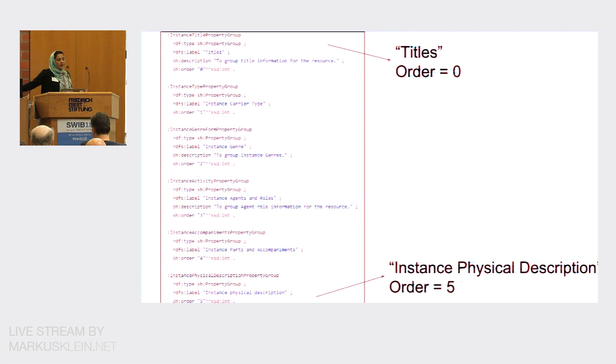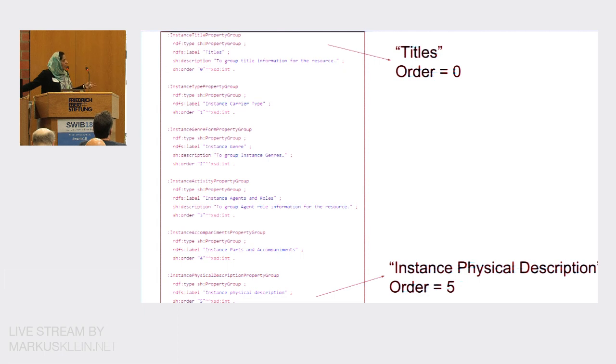So we have specific groupings of properties that are defined for what should show up on an instance form. And so let's say you have a property group called titles, which you want to show up first. Way down in the bottom, you have a property group called instance physical description, which is where you would want measurement properties to show up.